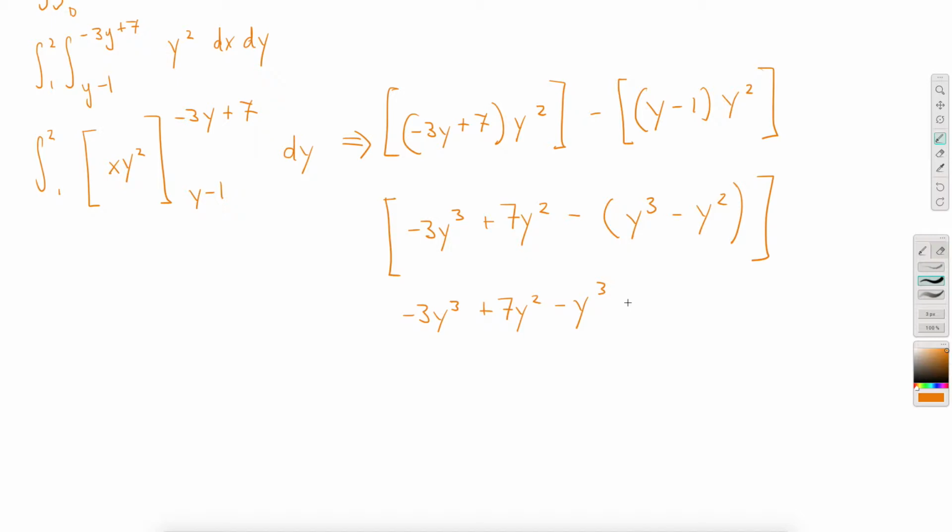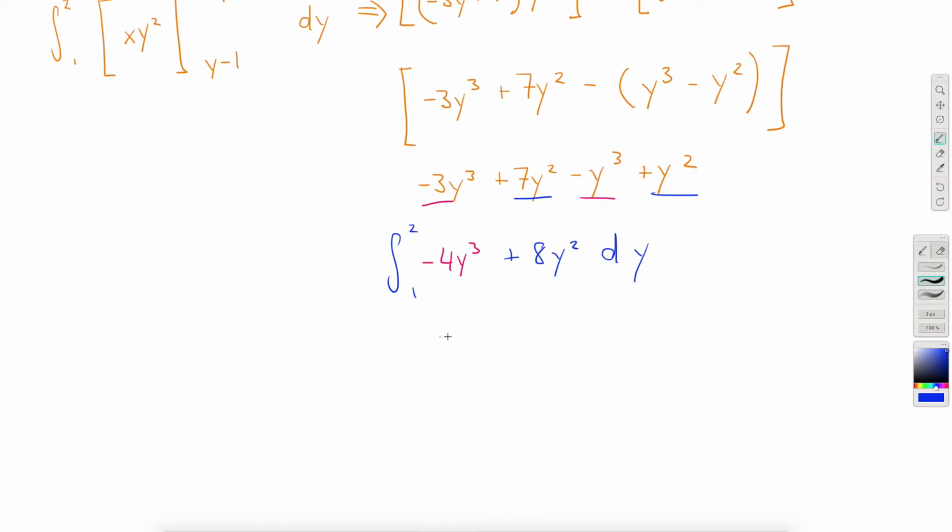Something has fixed itself. Yes. Bueno. Then that's 3y, right? So you get negative 4y cubed, then that and that gives you 8y squared. Then you can integrate this with regards to y.